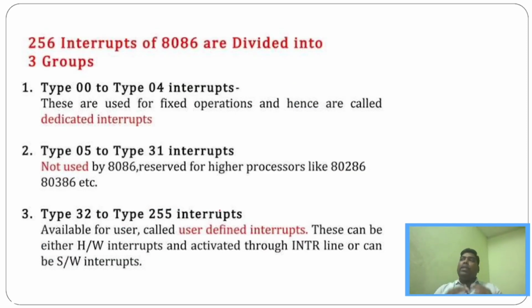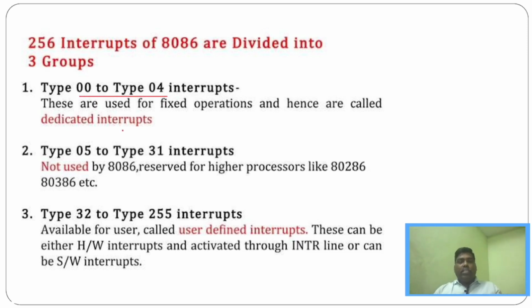And coming to different types of interrupts, as I said, we have 3 different types. What are the 3 different types? That is dedicated interrupts, then reserved interrupts, and then user defined interrupts. So if it is 0 to 4, it is dedicated interrupts for any fixed operation. We will see all those interrupts separately.